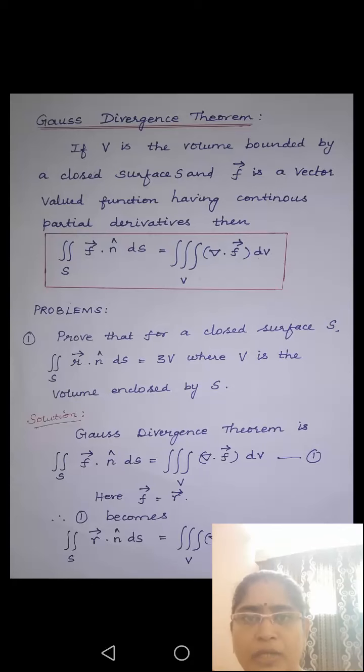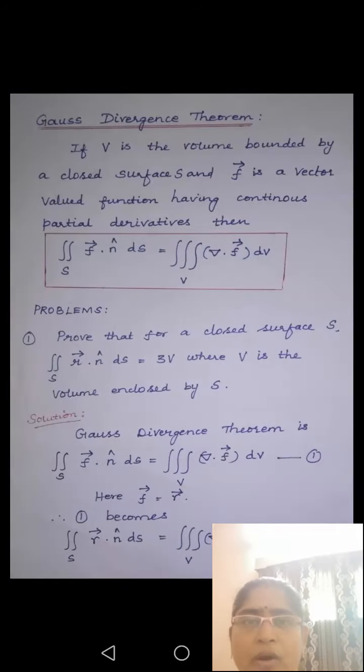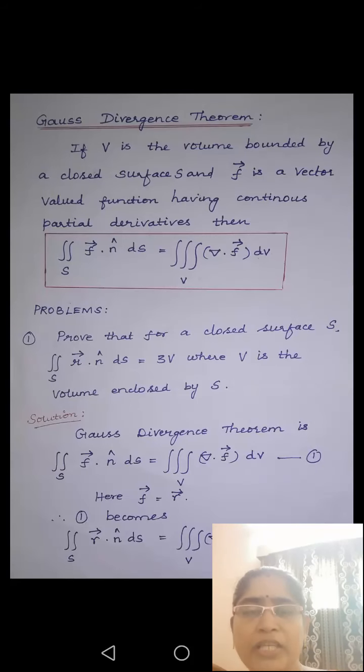This is Gauss divergence theorem. Stokes theorem gives a relation between the line integral and the surface integral, and Gauss divergence theorem gives a relation between the surface integral and the volume integral.